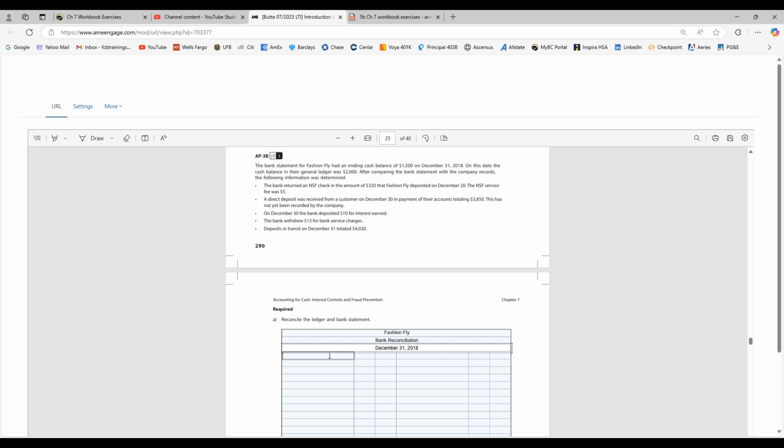Okay, and then let's go ahead and just put in our things here: cash balance per bank statement, I'm just using STMT for bank statement, and cash balance per books.